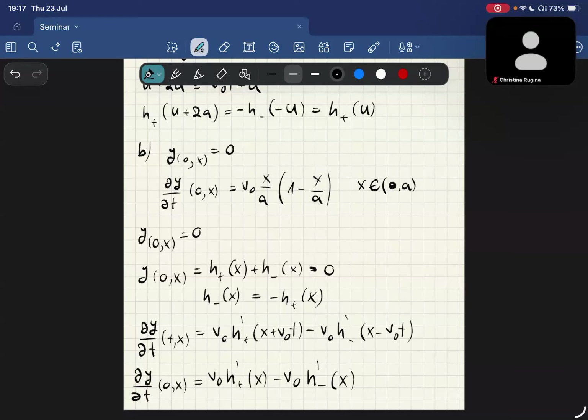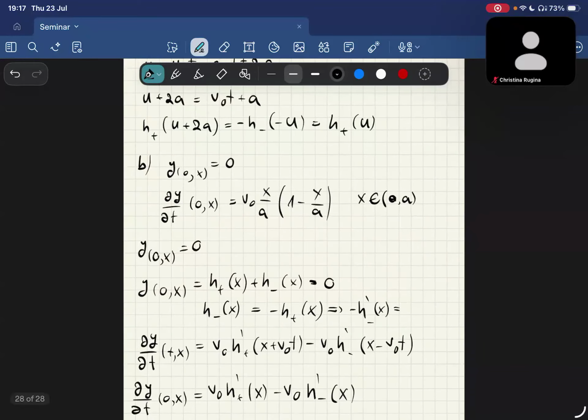Now we got to this part, but we also know that h minus of x is equal to minus h plus of x, and their derivatives would also fit this condition. So from this relation, it also means that minus h prime minus of x is equal to h plus prime of x.